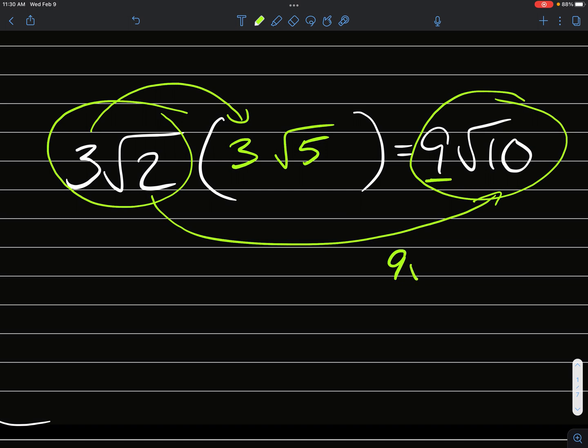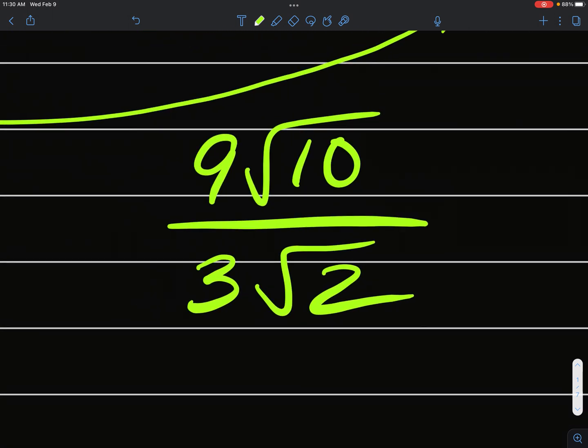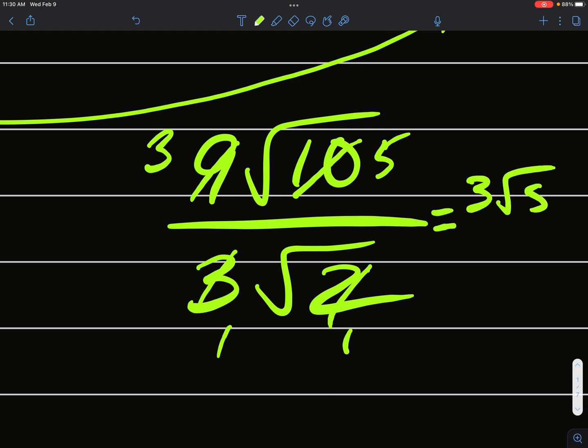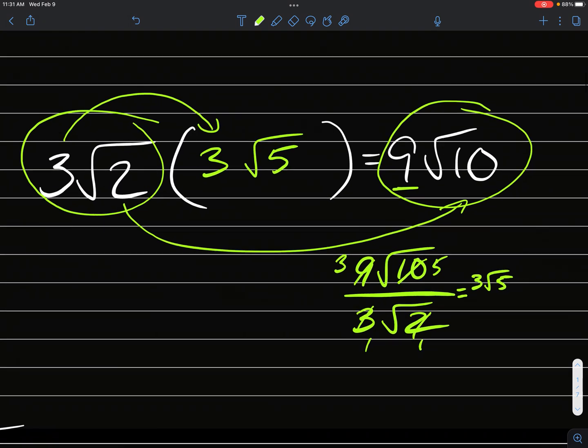So it would be 9 radical 10 over 3 radical 2. Now you can cancel. 3 goes into 9 3 times. And then in the radicals, 10 over 2, 2 goes into 10 5 times. So you get, again, 3 radical 5, just like before.